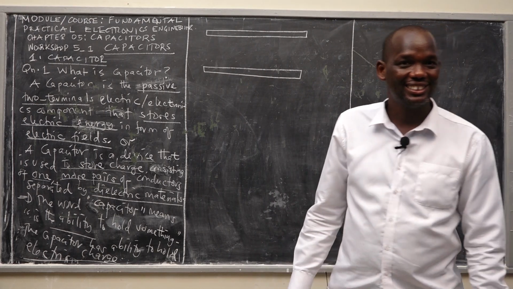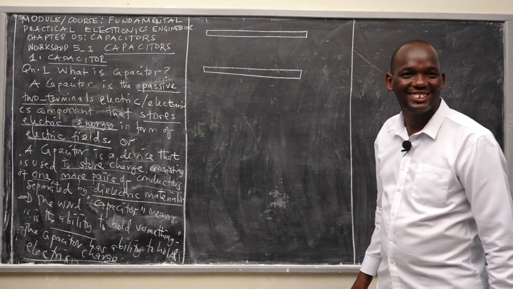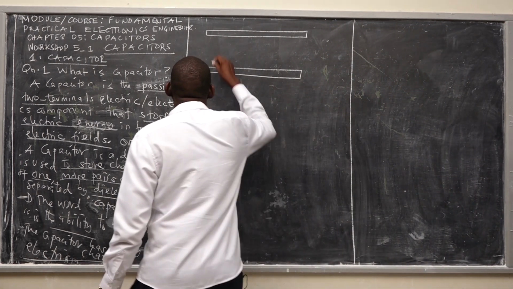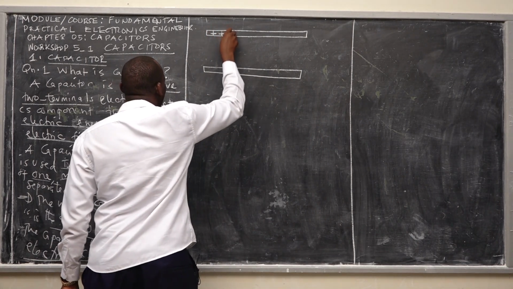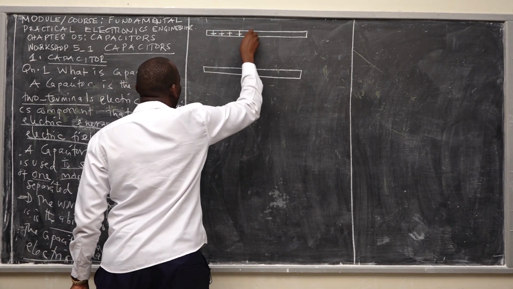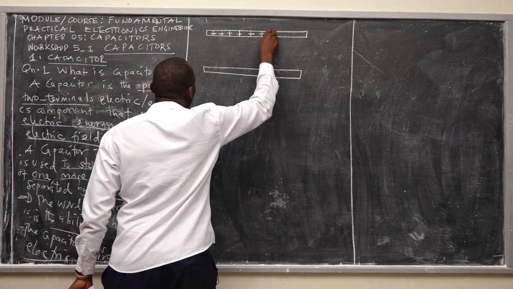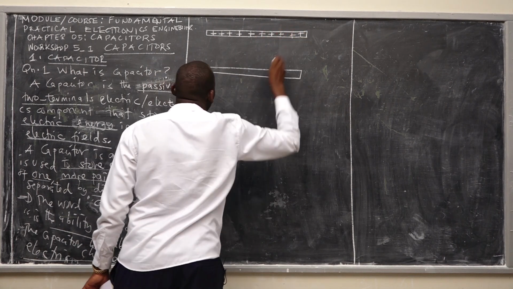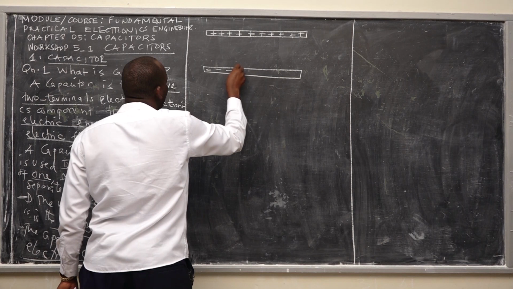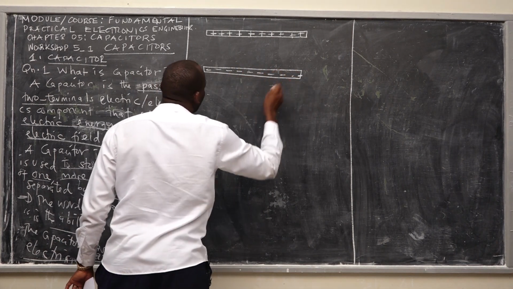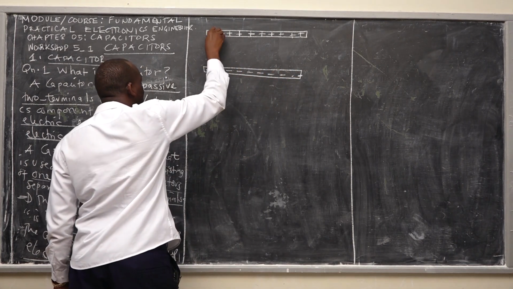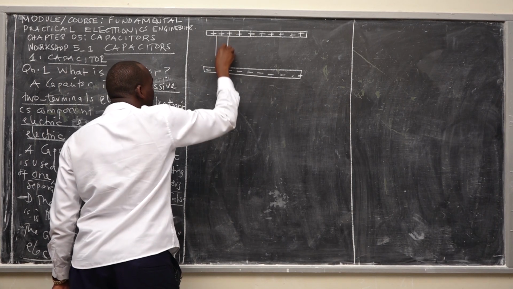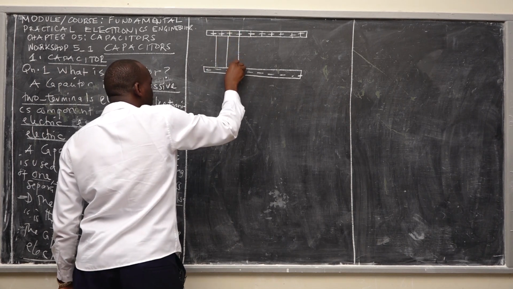Do you remember it? Do you still like it? Or you don't like it because it had Gauss's equation, Gauss's law. So this is the positive plate of the capacitor, and this is the negative plate of the capacitor. And then here we had what, if you do remember, how do you call this one?